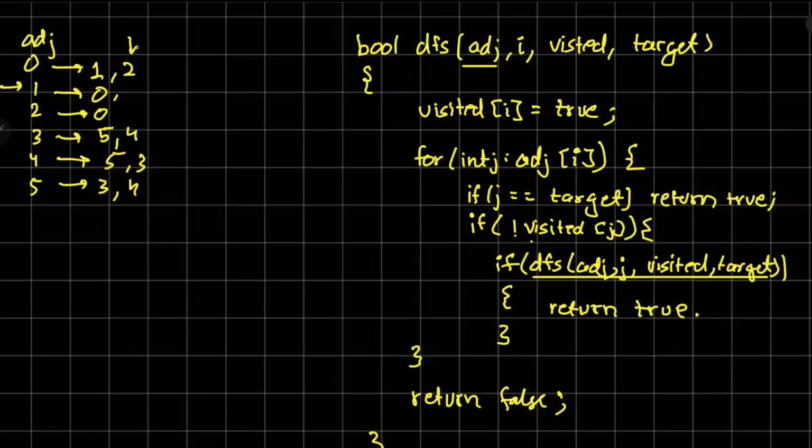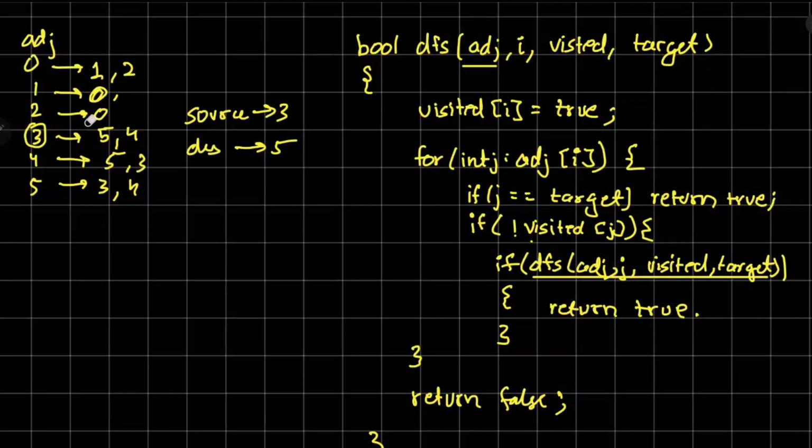Then DFS will be called on 2, and as 2 has no neighbors and 2 is not equal to target, it will return false from here, and from 2 it is returning false, and from 1 it is also returning false, so this will return false. If any vertex has a path, so for example our source is 3 and our destination is 5, then the DFS function will be called on 3.